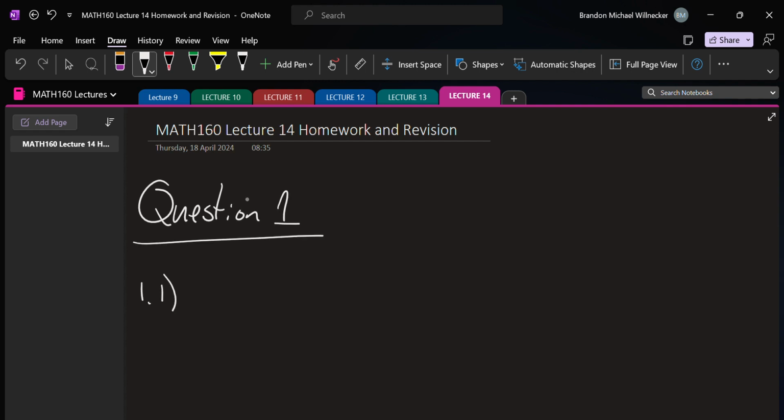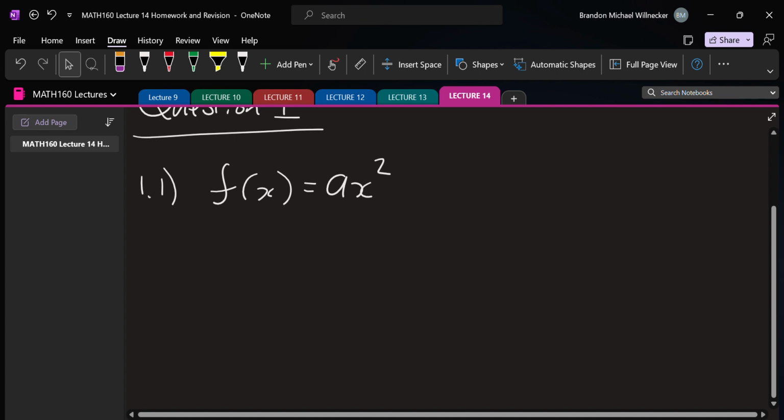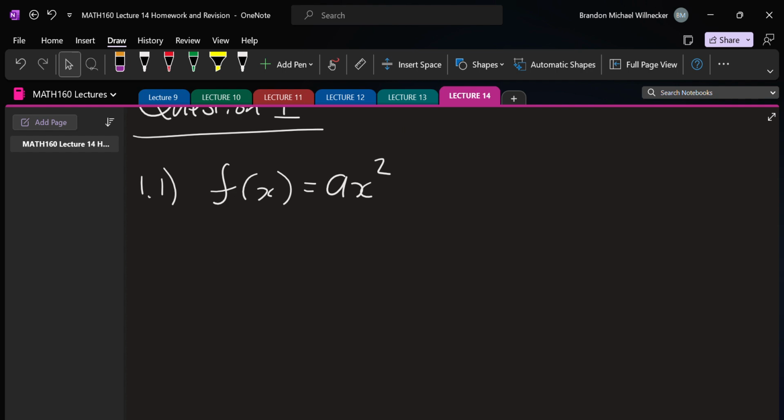Okay, so 1.1. We had the function f of x equals ax squared. Very similar to what we did in class, same procedure, but we've just got this a here. We want to know what happens if we multiply this function by a. How does it change the result? Same thing as always, we've got the definition for f star.